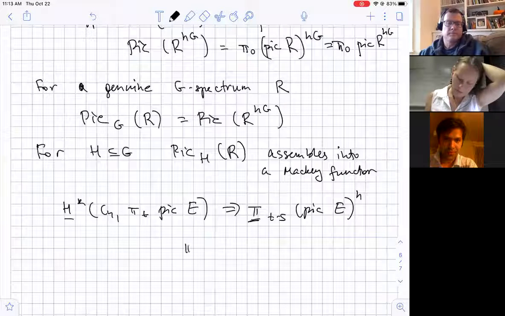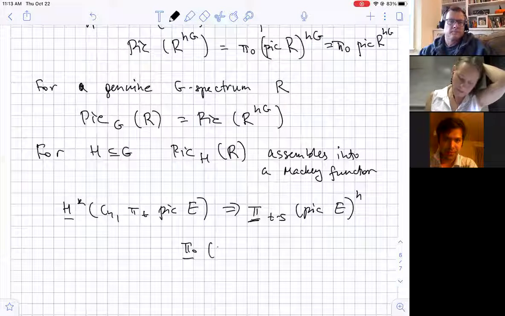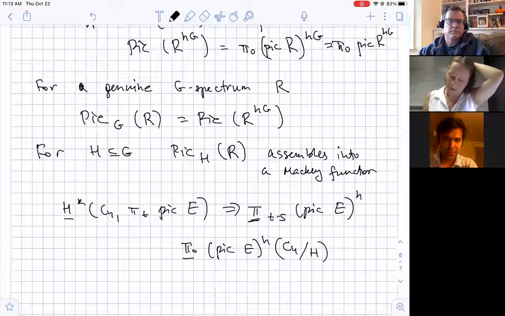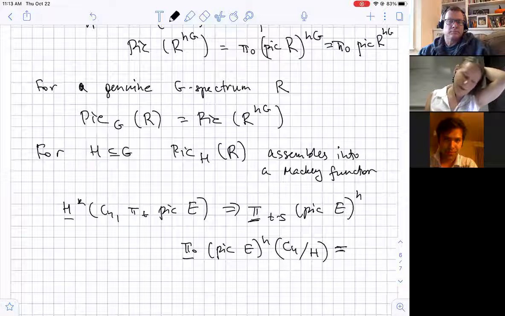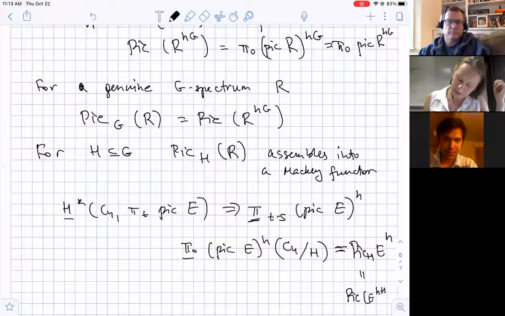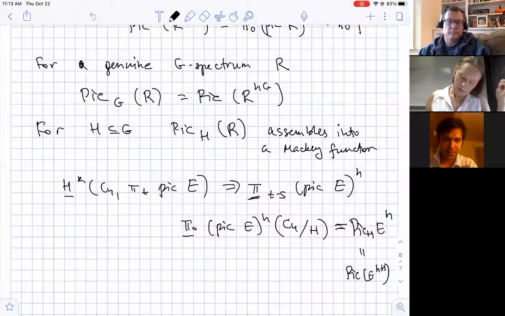And we just need to compute its pi 0. So pi 0 of it is a Mackey functor evaluated on H. It gives you Pic H, like I just promised here. It gives you the Picard group like this, which is the same as the Picard group of E^hH, and this is the same as this.